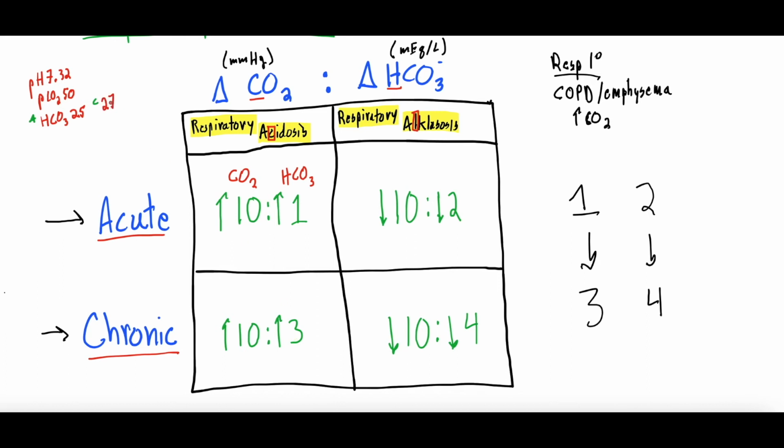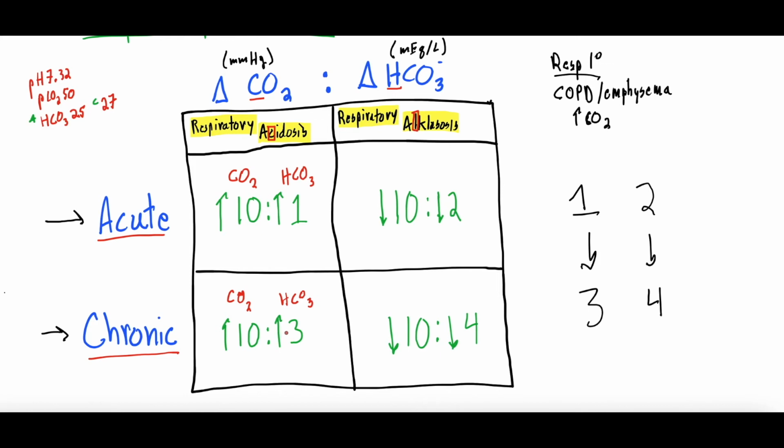So you'd expect the bicarb to be 27 from 24 for a chronic respiratory acidosis with metabolic compensation. All right? So this is increase in carbon dioxide level compared to increase in bicarb level.